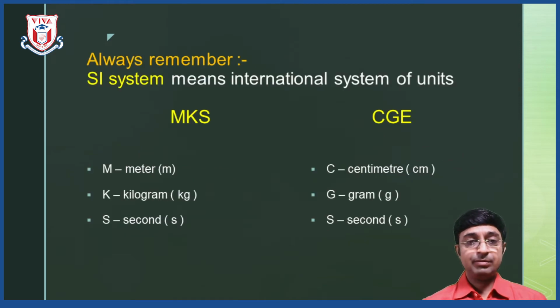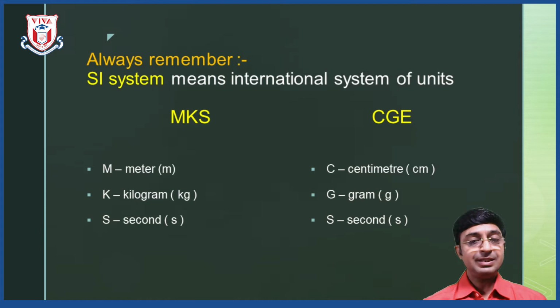Now always remember the SI system. SI system means International System of Units. So two systems are there, MKS. The MKS system is also called the SI system, and the second one is CGS. The full form of MKS: M means meter, what we measure in meter, so length. Second, K means kilogram, what we measure in kilogram, that is the mass.